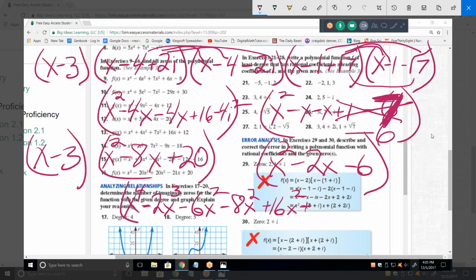plus 48x, and then plus 20x squared minus 40x minus 120.